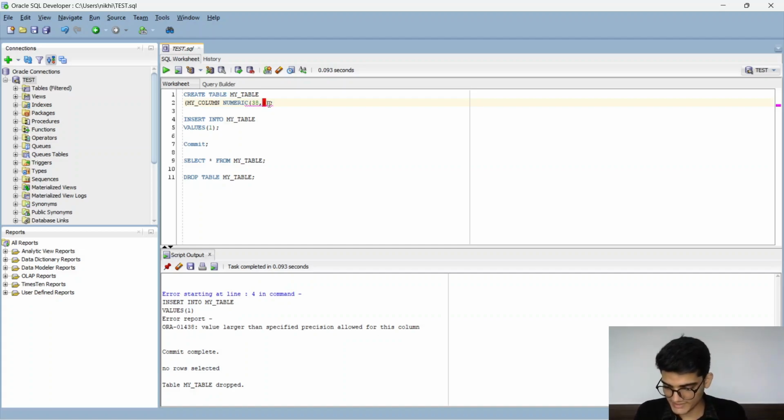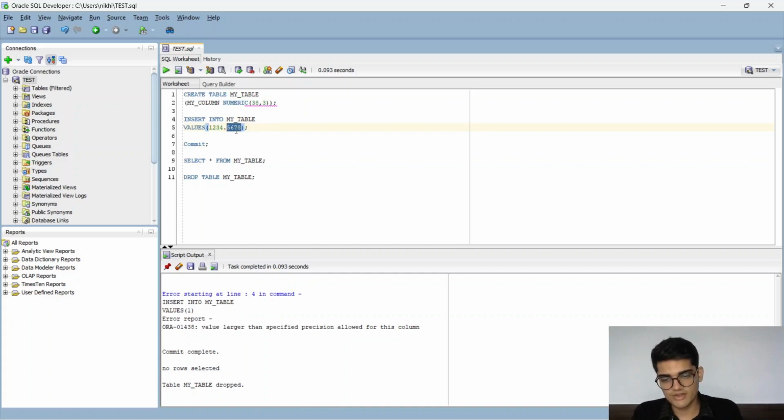So let's take an example. First we will take our scale equal to 3. Okay, so our scale here is 3 and our value here will be 1234.5678. Okay, that would be enough.